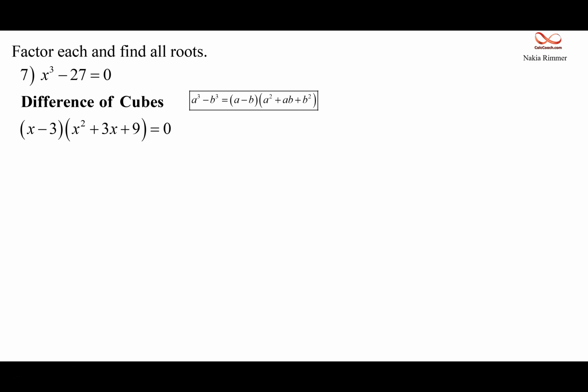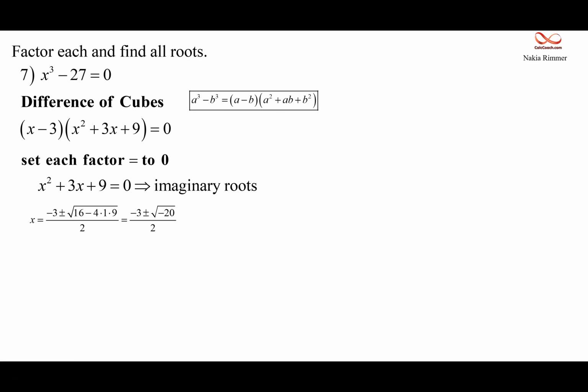Once again, though, that quadratic will be imaginary roots when you do a sum of cubes and a difference of cubes. Go with the quadratic formula, -b plus or minus the square root of b squared minus 4ac. I'm sorry, that's not 16 minus 4ac. That is 9 minus 4ac.